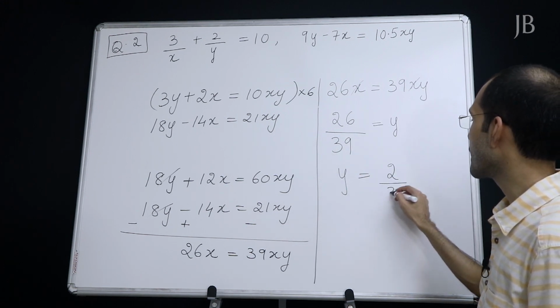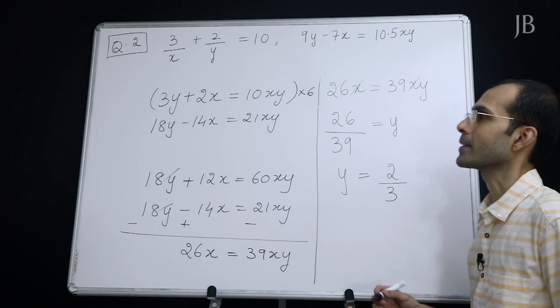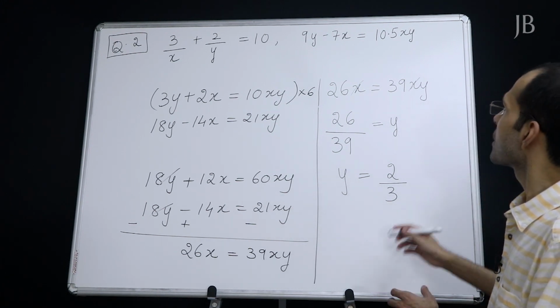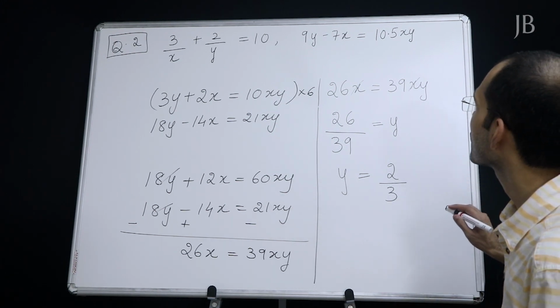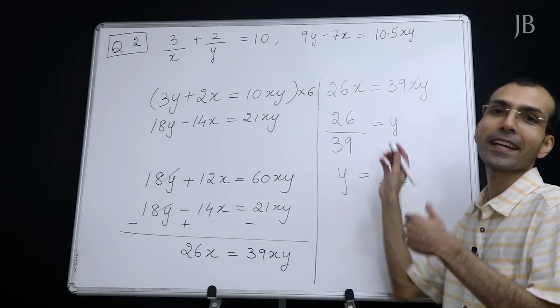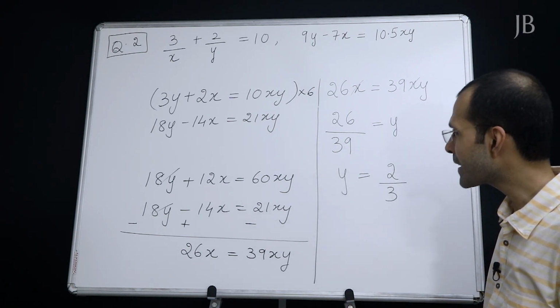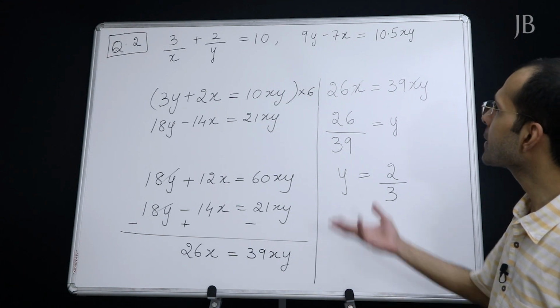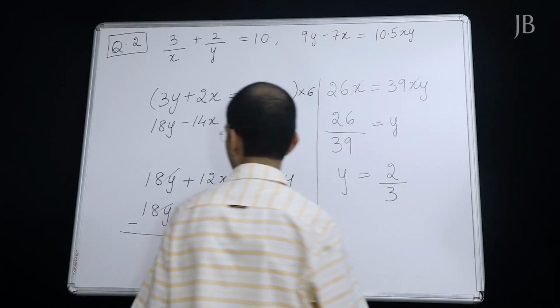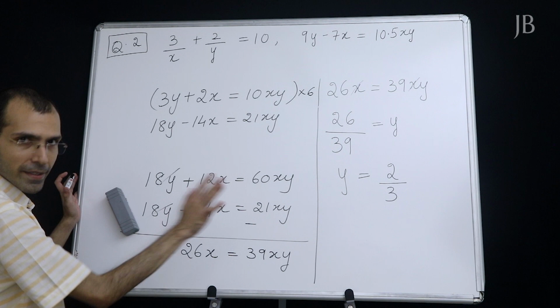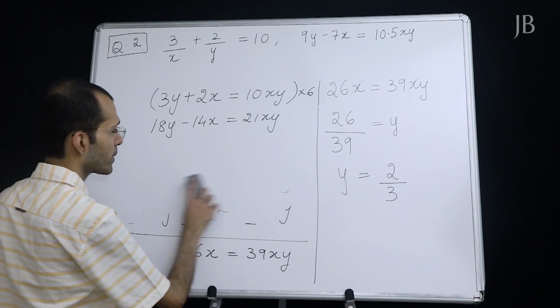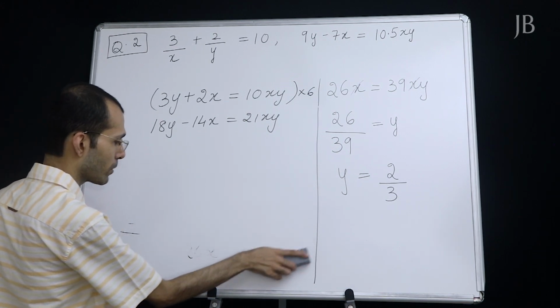So y will be 2 upon 3. Isn't it simple? Now what is remaining? We have to find the value of x. For that let's put it in any of the equations, whichever we find convenient. So y is clear, but the sum is not yet over. Also we need to find the value of x.